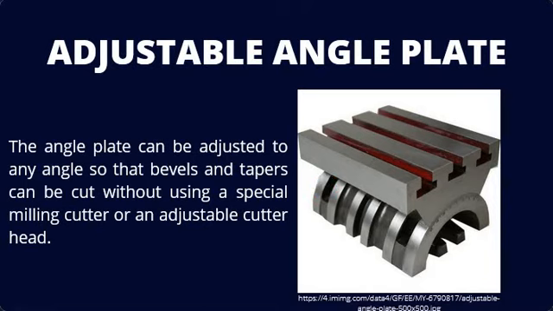This adjustable angle plate is a holding device similar to the universal vise in operation. Workpieces are mounted to the angle plate with T-bolts and clamps in the same manner used to fasten workpieces to the work table of the milling machine. Okay.